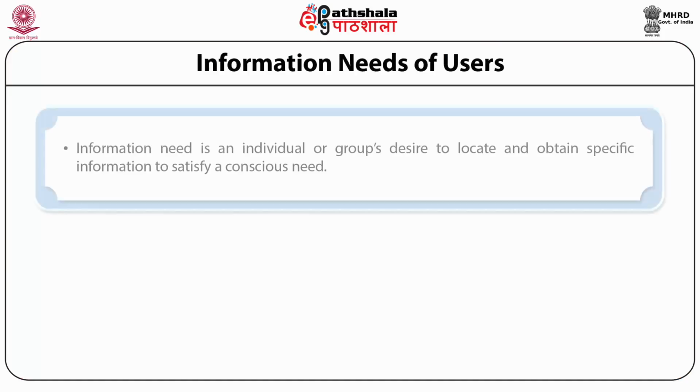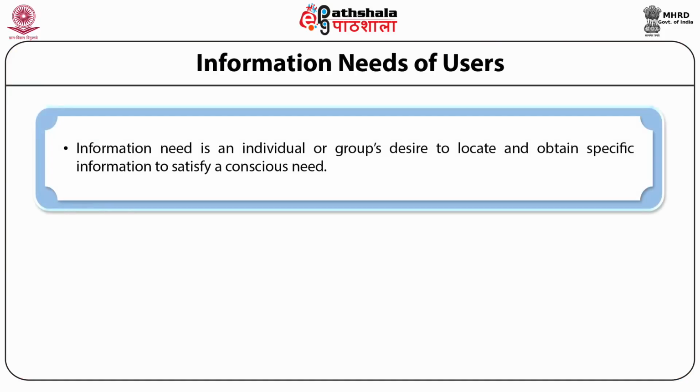But if the users are unaware of these searching techniques and methods, they may not be able to find the requisite information and hence cannot make use of the information they really need at a particular point of time. Information need is an individual or group's desire to locate and obtain specific information to satisfy a conscious need.